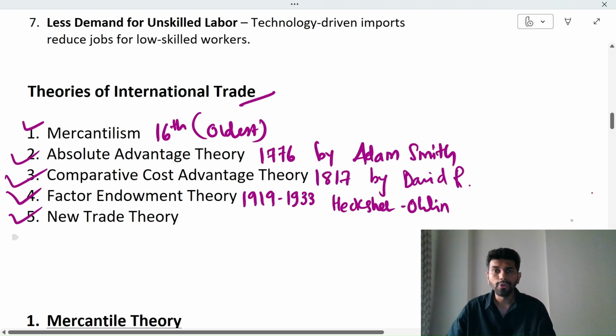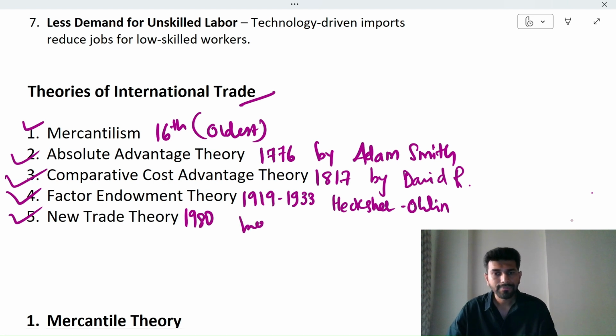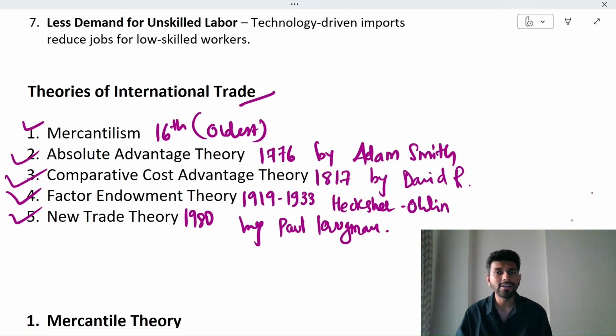Later, new trade theory was introduced in the year 1980 by Paul Krugman. So these are the five international trade theories, very important from the exam point of view. And remember the name of the theories, year of the theory, who has introduced which theory, and who wrote which book. So here we have completed international trade theories.